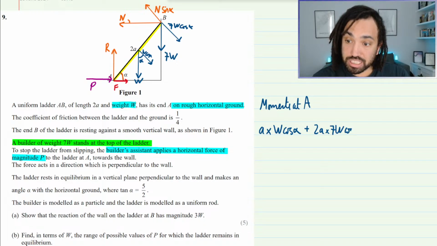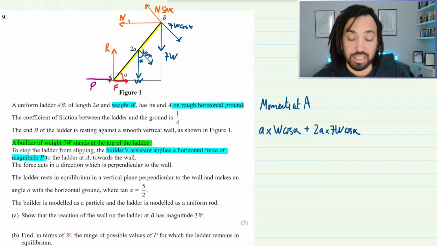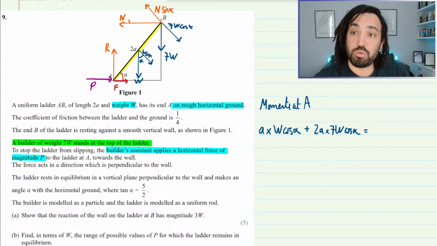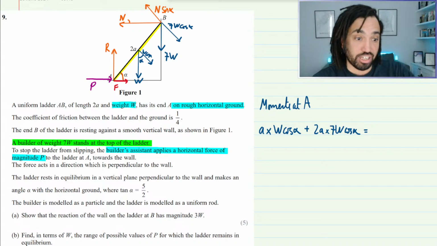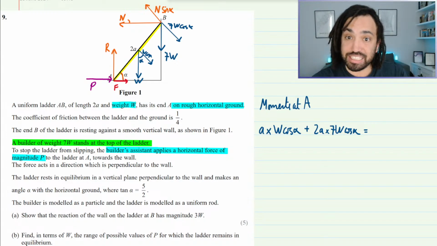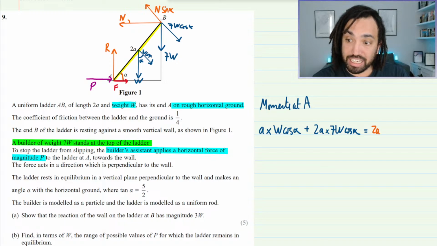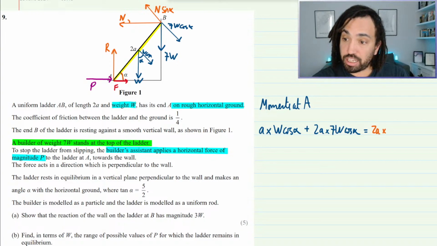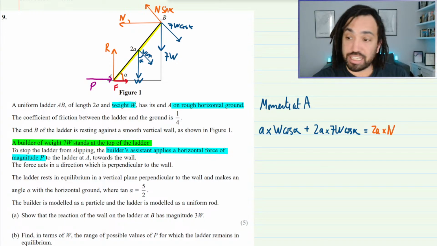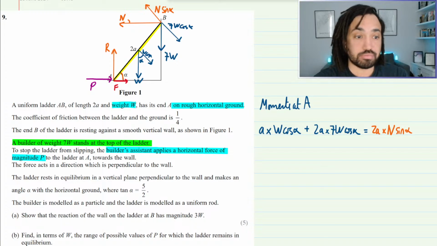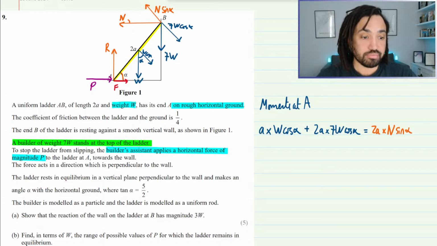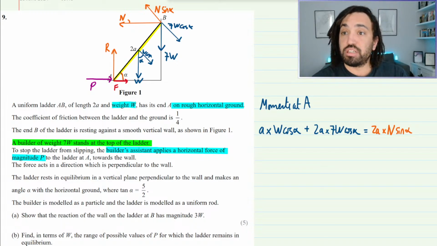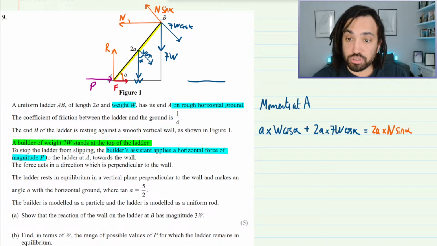And that one is cos alpha as well. And then that's equal to the one going in the opposite direction, and that is 2a away again. Don't forget to put the distance in. And that is N sine alpha. Okay. Good stuff. Right, next we've got to draw our tan diagram, our triangle.